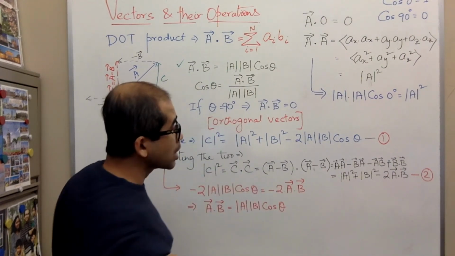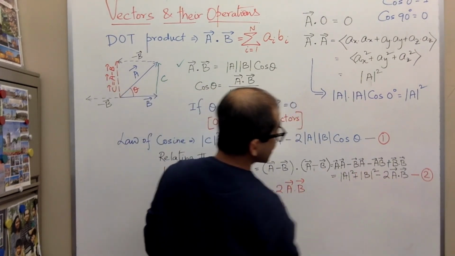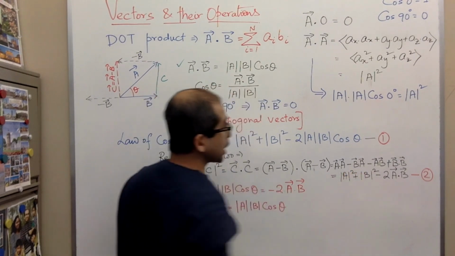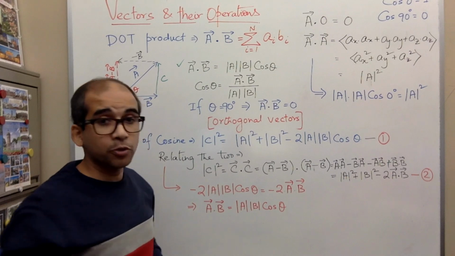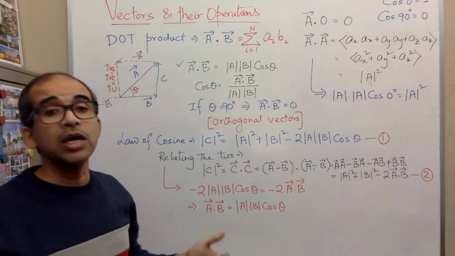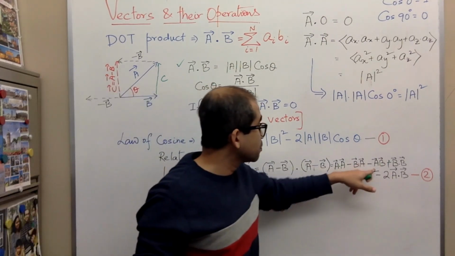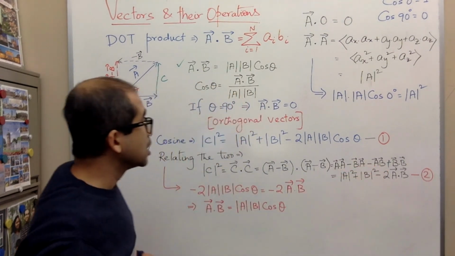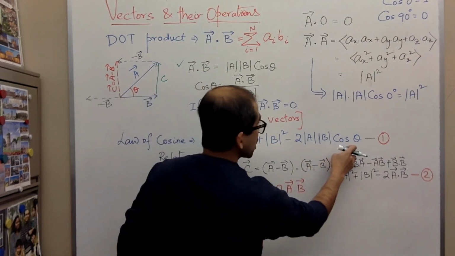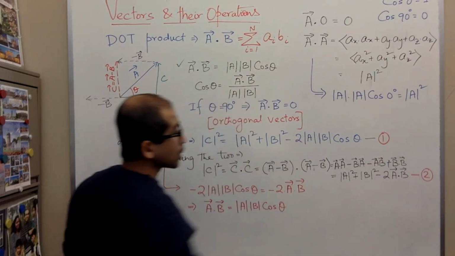Similarly mod b square. But how can I write minus 2ab for b dot a and a dot b? Because we have already seen that the dot product is commutative. So a dot b equals b dot a. So we can equate it with a dot b, and then we can write it as minus 2ab. Okay, so now this is equation 1, the cosine rule, and this is equation 2.